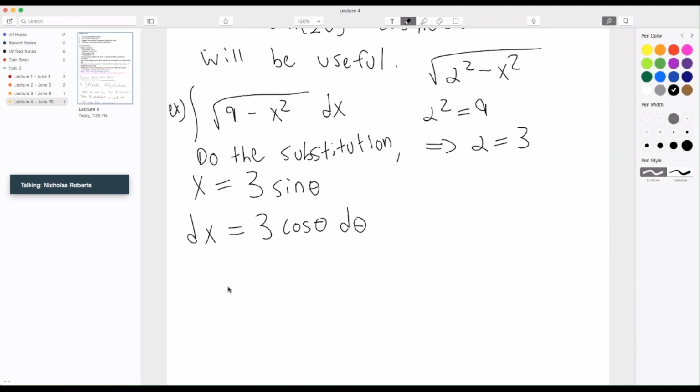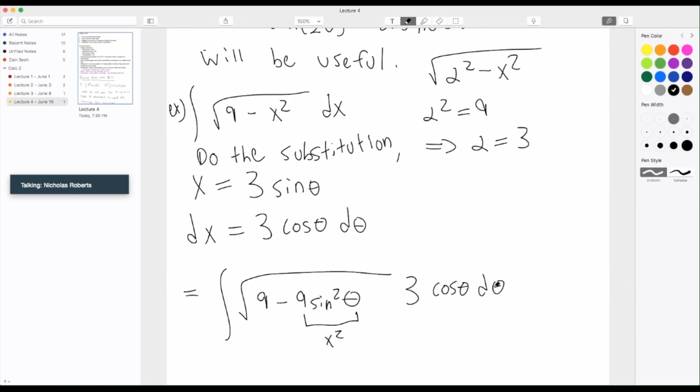Okay, very good. Now we're going to take this integral in terms of theta, with our new substitution. So the integral of the square root of 9 minus x squared. X is 3 sine theta, so x squared will be 9 sine squared theta. And we need our dx, which is 3 cosine theta d theta.